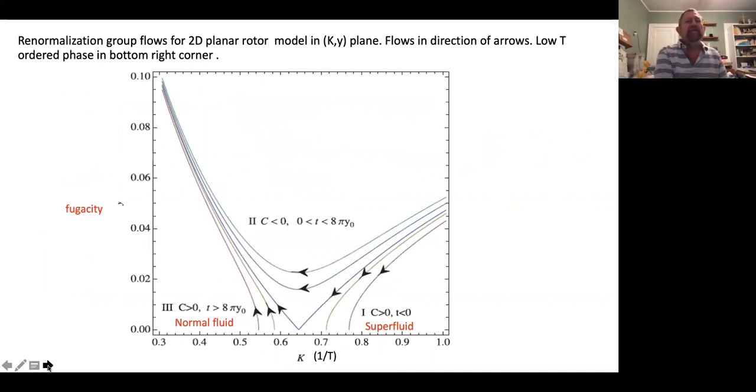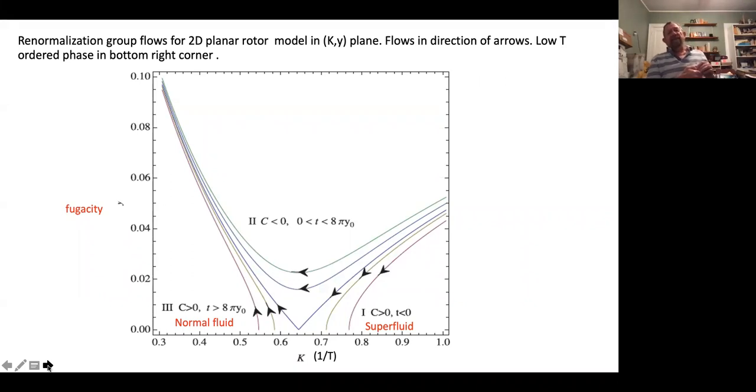Okay, now these are the pictures of how the parameters flow. The horizontal axis is k, which is proportional to 1 over the temperature, and the vertical axis is the fugacity y.